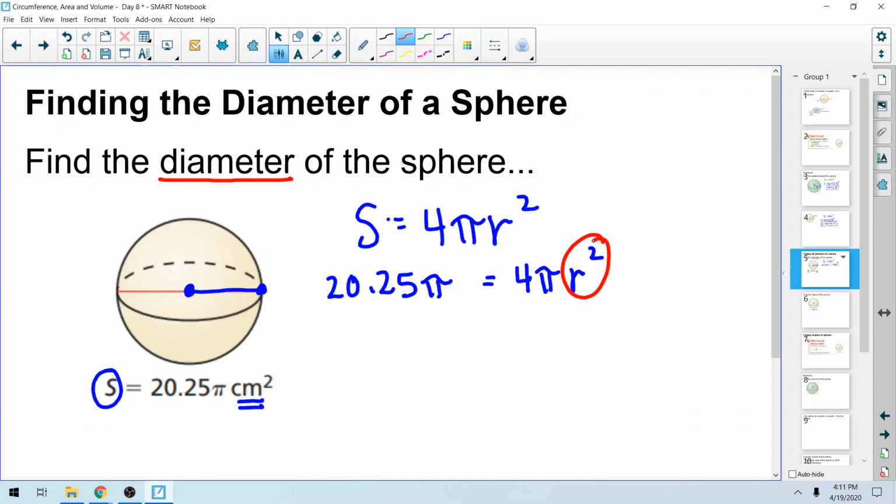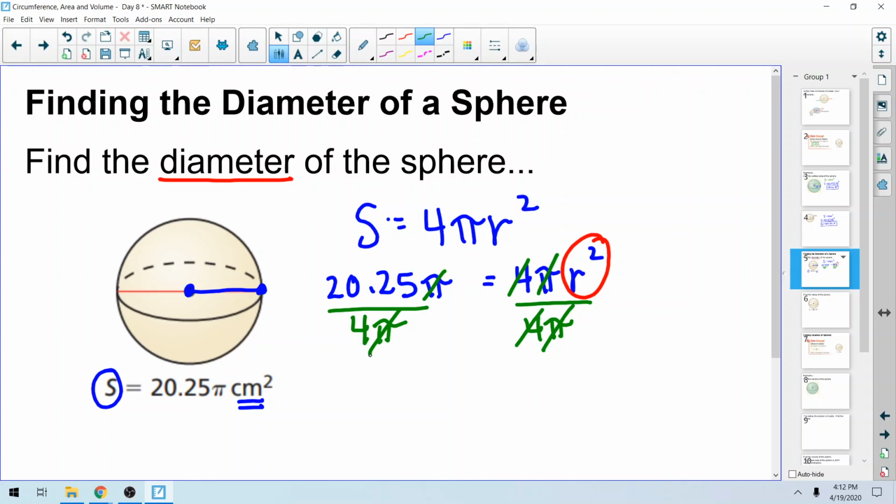So if I want to get the radius by itself, and I have 4 pi in front of it, I can just divide both sides of the equation by 4 pi. The 4's will cancel, pi will cancel. Then over here, that pi will also cancel, so the only thing we really need to figure out is 20.25 divided by 4.